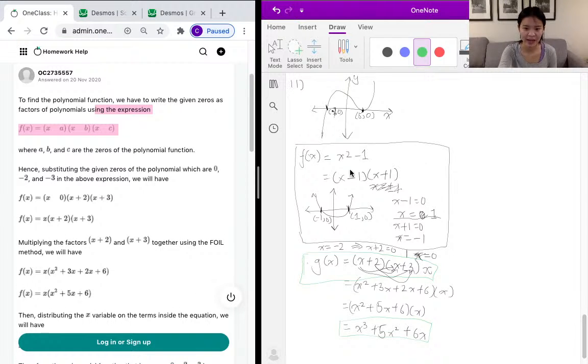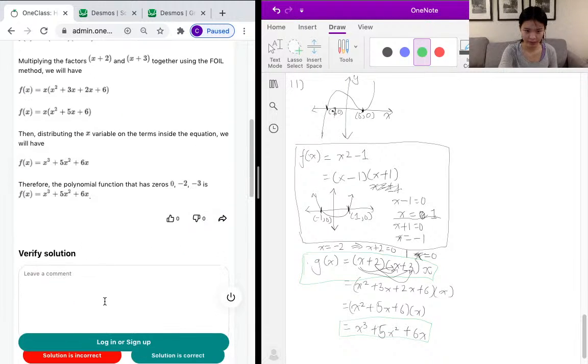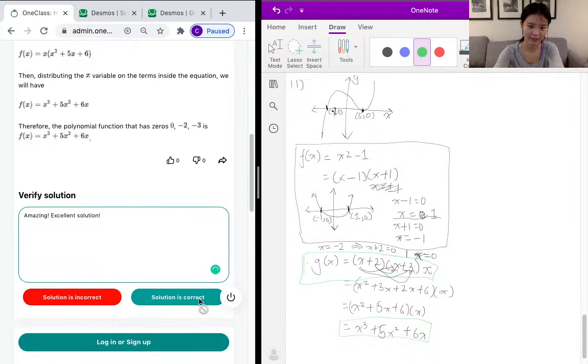But this explanation actually helps you understand why this expression exists and why you're using this expression to find a polynomial function. Cool? Okay, their solution is correct. It's the same as ours. Amazing. Excellent solution. And the solution is correct.